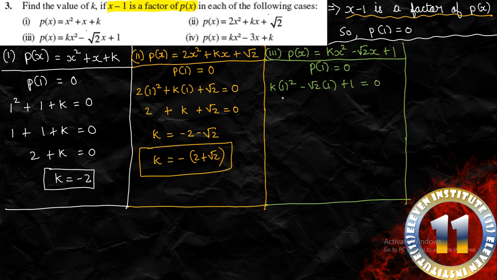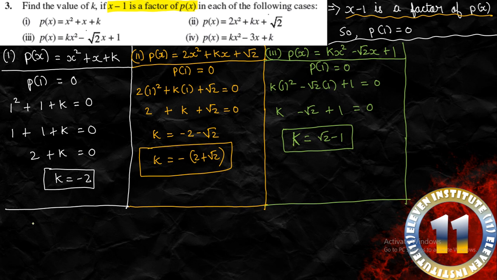Fine, now 1 square is 1, 1 into k is k, root 2 into 1 is root 2, then we have plus 1 is equal to 0. Right, so this root 2 and 1 will go to the other side and we obtain the answer of k, which is nothing but minus root 2 minus 1. The signs have changed because they have gone from left side to the right side. I hope this is very much clear to you.